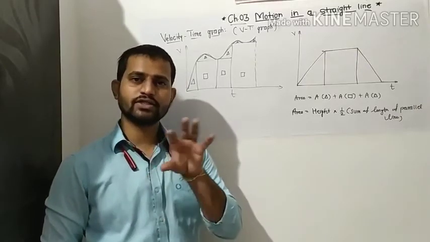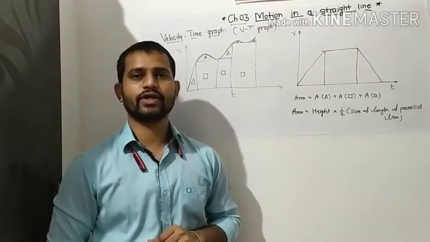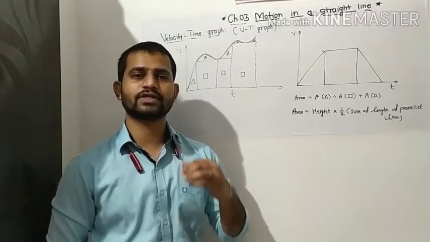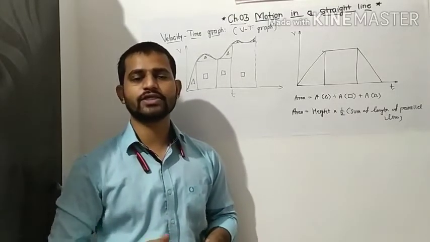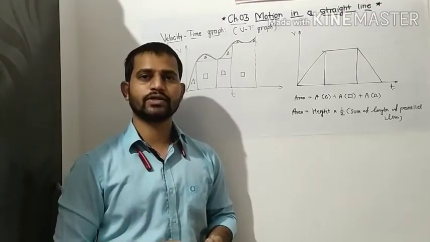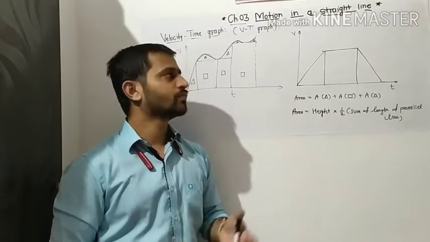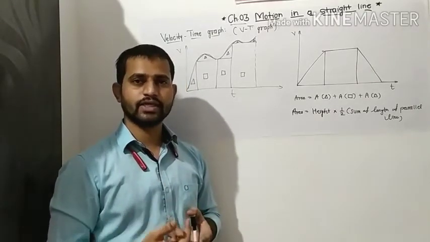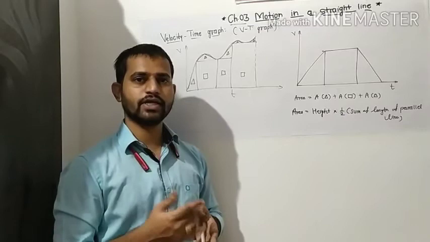So such small errors are there while calculating the area, and to reduce them we have to go by calculus methods like differentiation and integration. We also have to study those methods in the next lectures. We will study differentiation and integration in the next lecture.